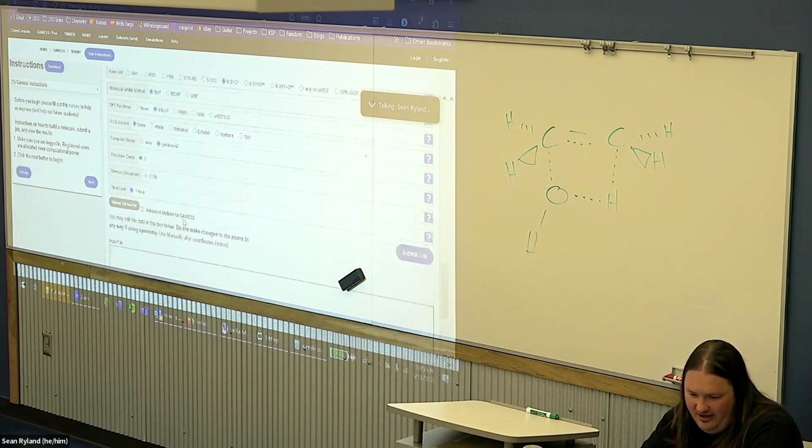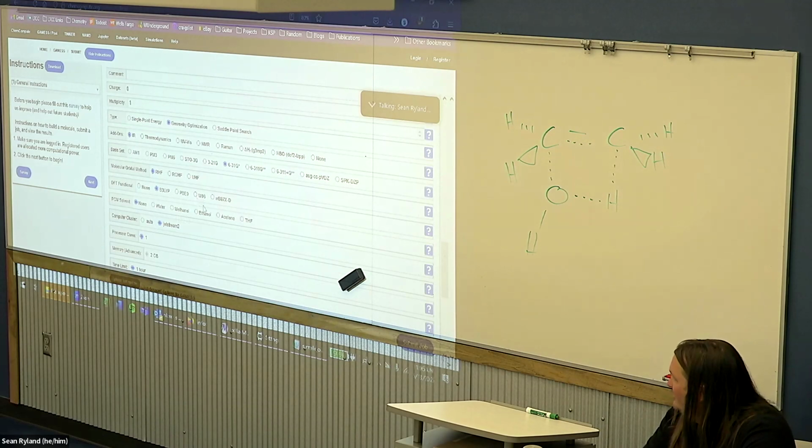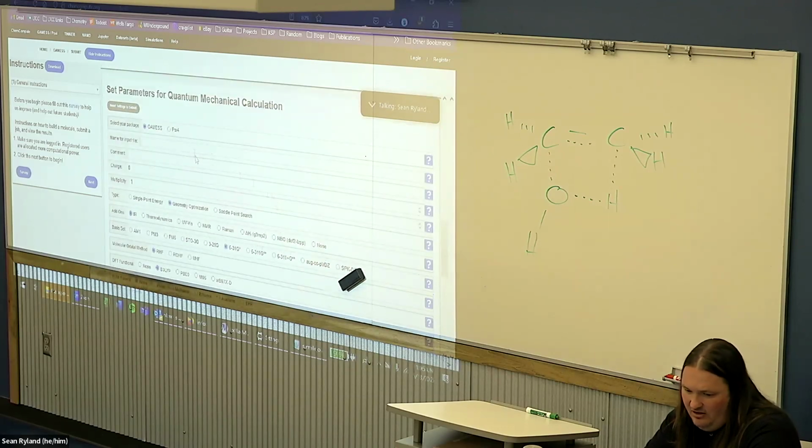But again, I'll show you that. One of the reasons why I don't use this to do it is it doesn't have the M062X functional that we actually want to use. It has just the regular M06 functional, which isn't going to give us the right answers. So we're going to make our own.